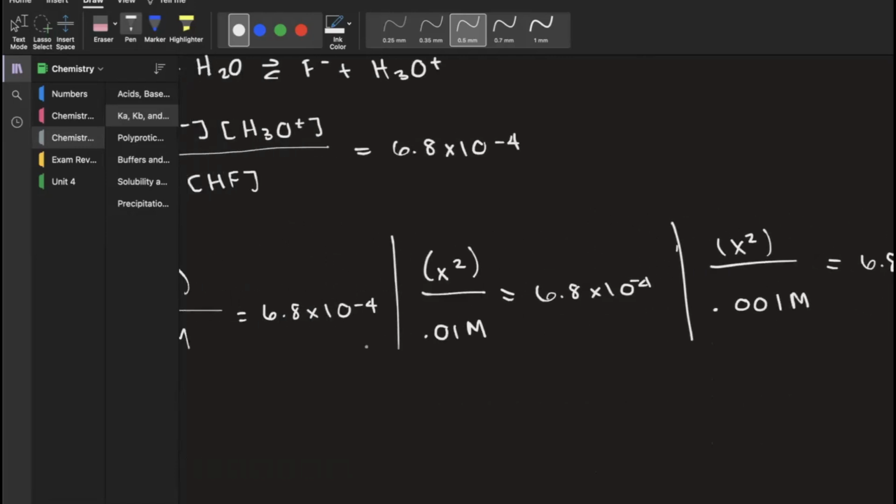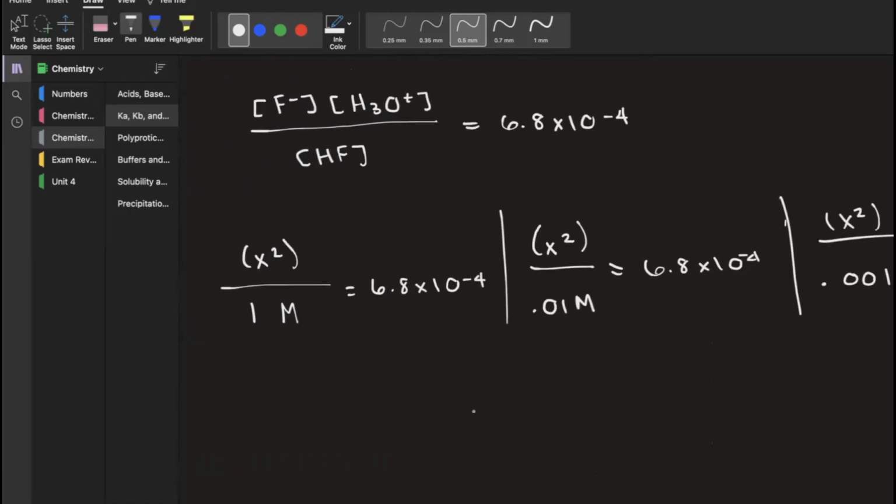I'm also not going to solve each and every one by hand. I'm just going to tell you what they equal, but I'm going to tell you how to do it.